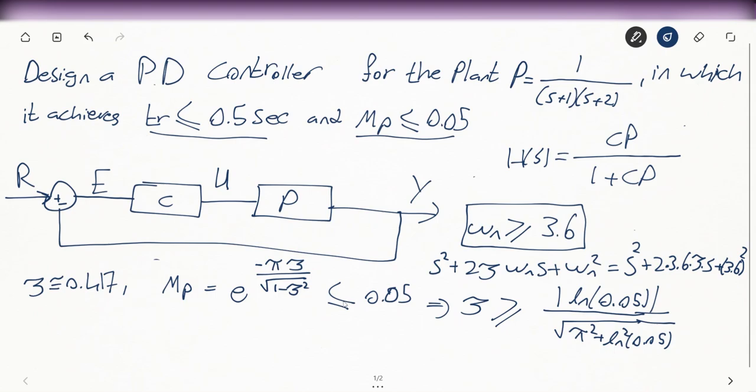And this gives us that zeta should be greater than or equal to 0.69. Now, do you see the contradiction? This is what we get from the second specification, while this is what we get from the first specification, and this zeta is not equal to this zeta at all.